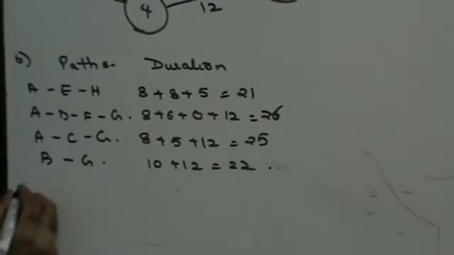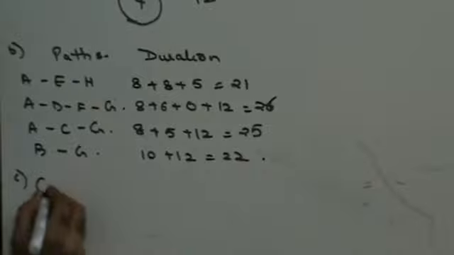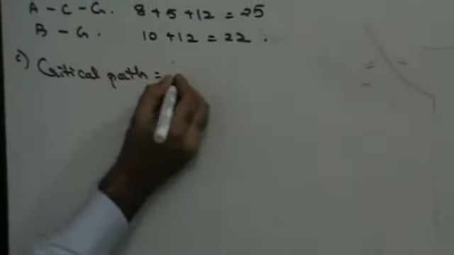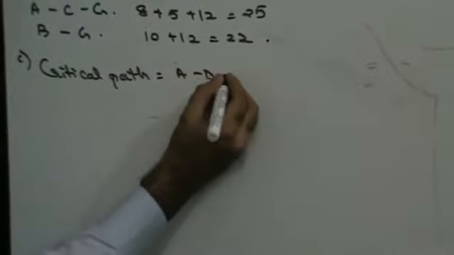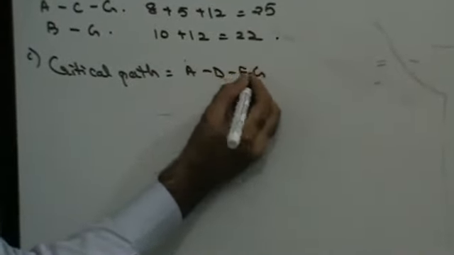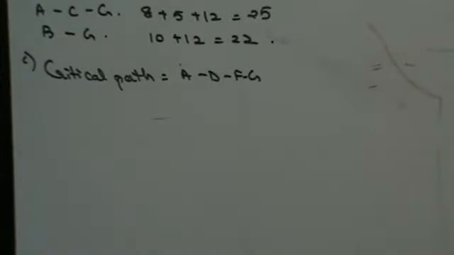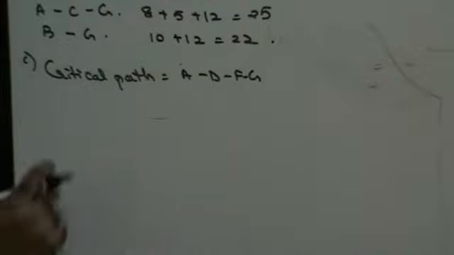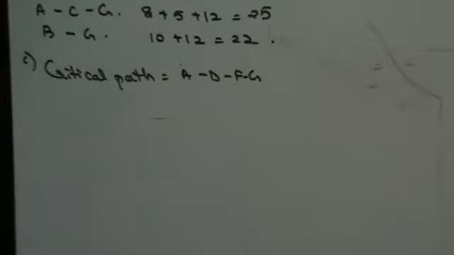Right? So I can say that critical path is ADFG. Now people, please remember one thing here. Why have you selected ADFG as critical path? Because it is the path that has maximum duration. Please bear that in mind. So the critical path has to be the path that has maximum duration.